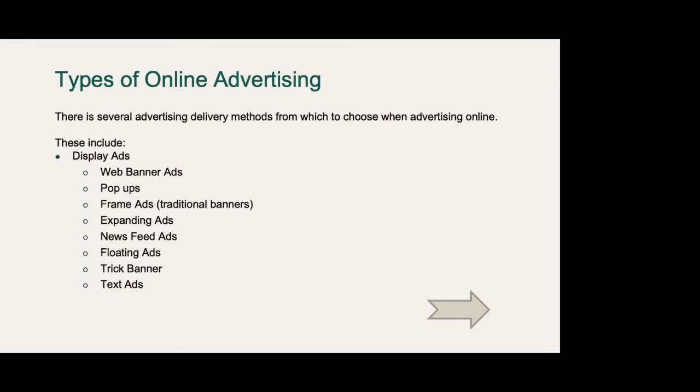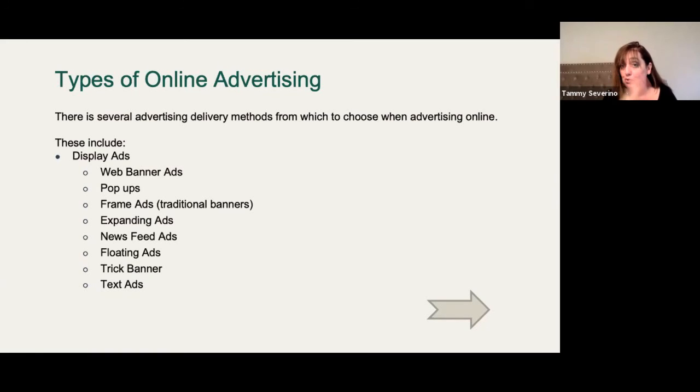So after 5 seconds or 10 seconds, if you haven't clicked into it, it starts to dissipate and float away. Trick banners. People often don't know what a trick banner is. That is where the copy for the ad can often imitate certain elements on the screen that a user will typically see when they go to a particular site.